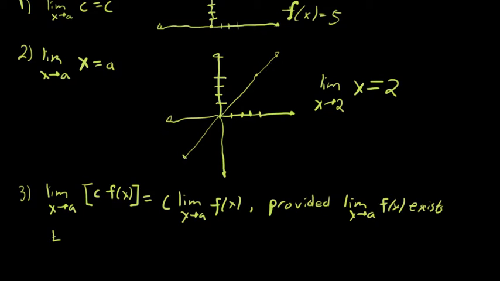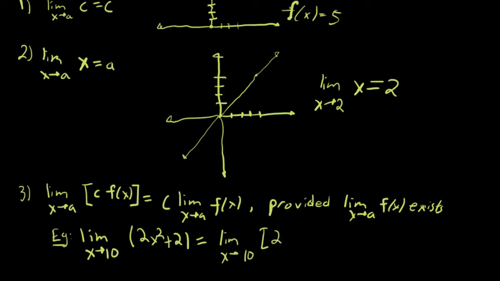Let's say we wanted to find the limit as x tends to 10 of 2x squared plus 2. Instead of plugging in 10 here, what this property enables you to do is, first you'll see that you can pull out the 2 and re-express 2x squared plus 2 as 2 times x squared plus 1.